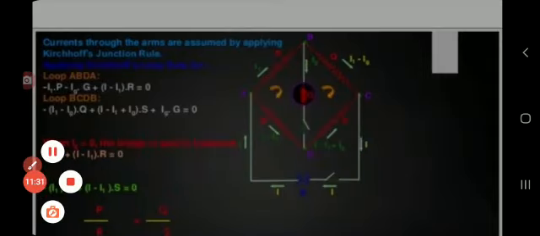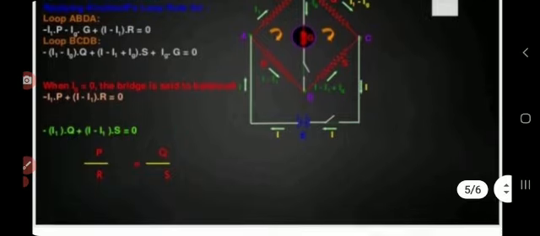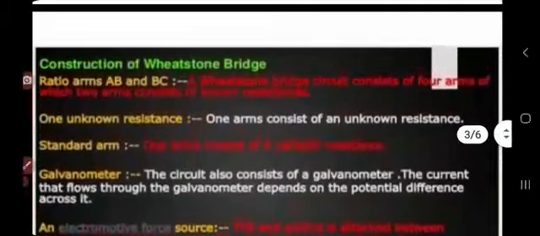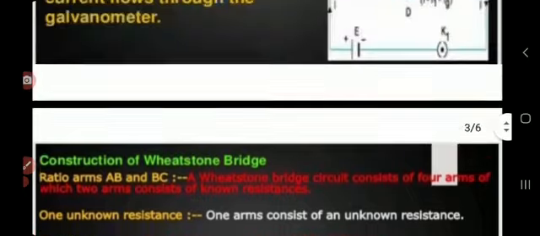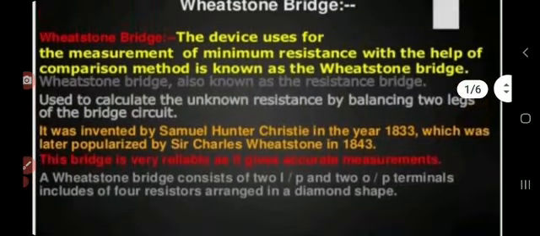Now, we have dealt with the Wheatstone bridge, its principle, construction and working. Now, we just repeat. The Wheatstone bridge is actually based on Kirchhoff's law.